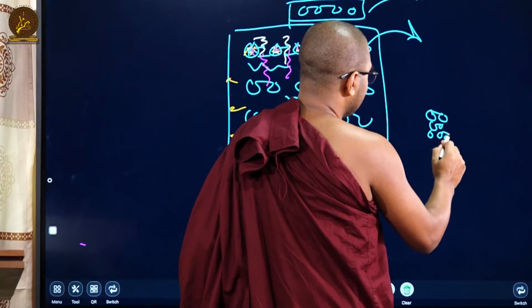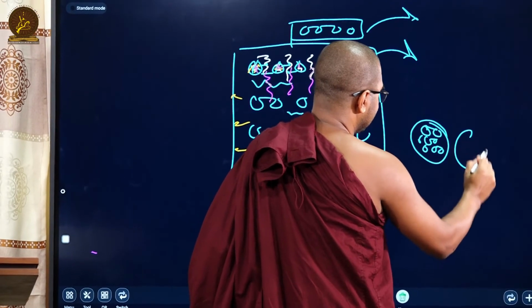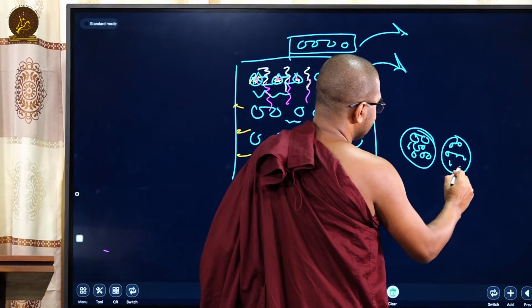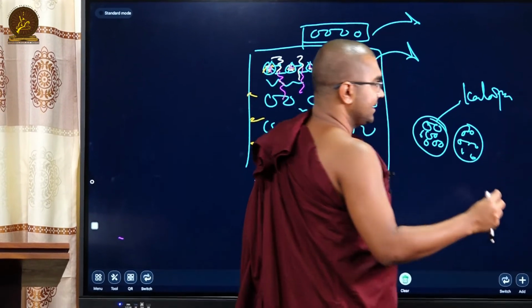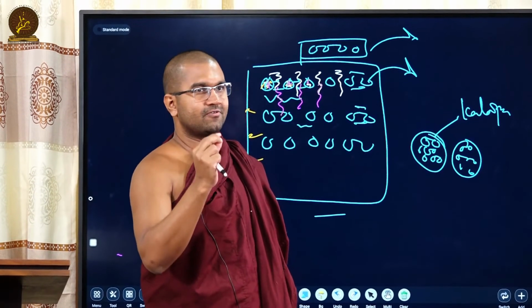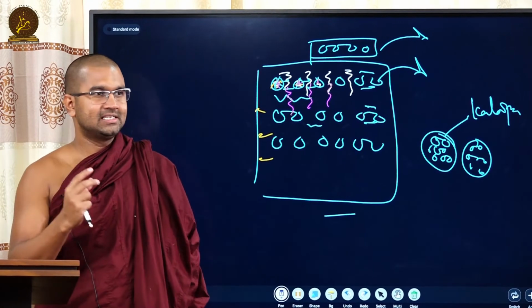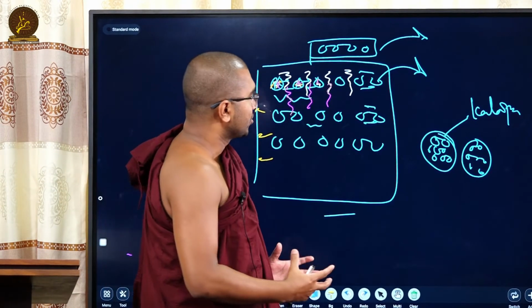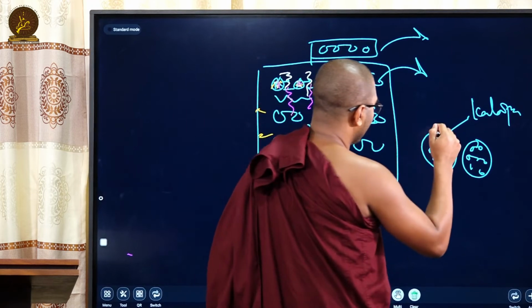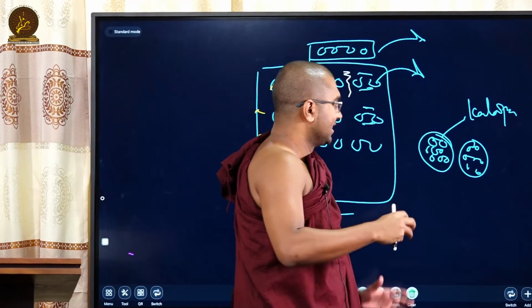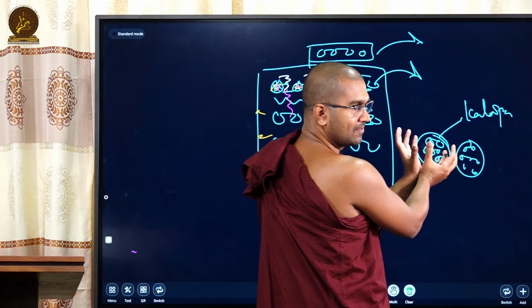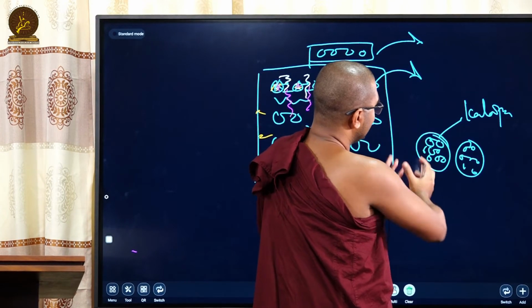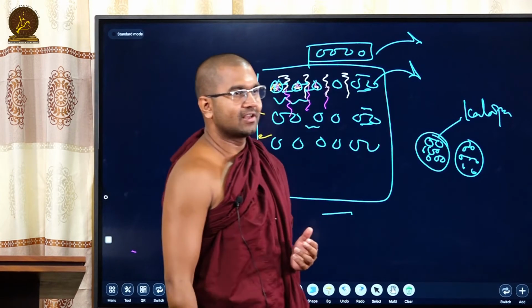For example, a group of kalapas that are clustered. So take this as a kalapa. They say, think of a kalapa as the size of a rice grain. This is still a group of kalapas. So at the meditation level, we don't need to go into the exact kalapa. All the attributes of a kalapa can be found within this group as well. So we are not going to the actual level of the kalapas.